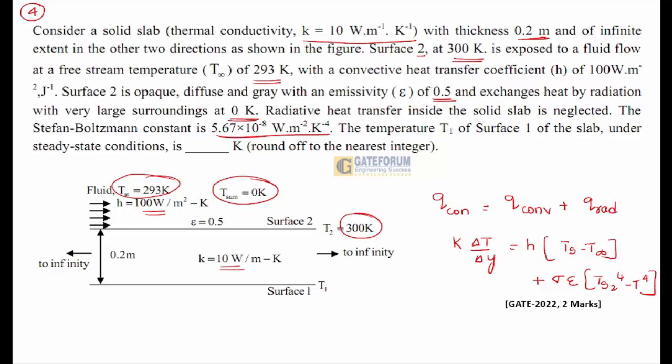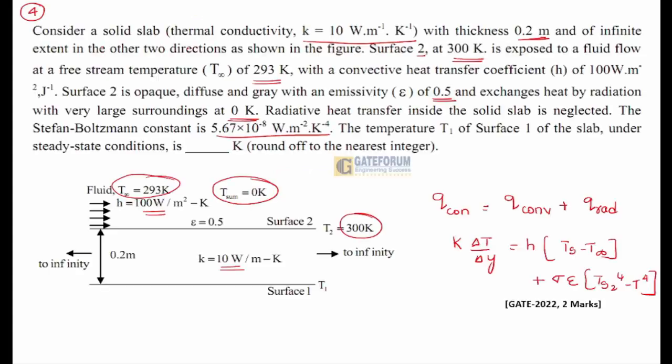This is the formula. Substituting 10 into K, (T1, which I don't know, minus T2, 300) by distance, which is 0.2 meter thick, will be equal to 100 into (300 minus 293), which is already given, plus 0.5 into 5.67 into 10 power minus 8 into (300 power 4 minus 0 power 4).